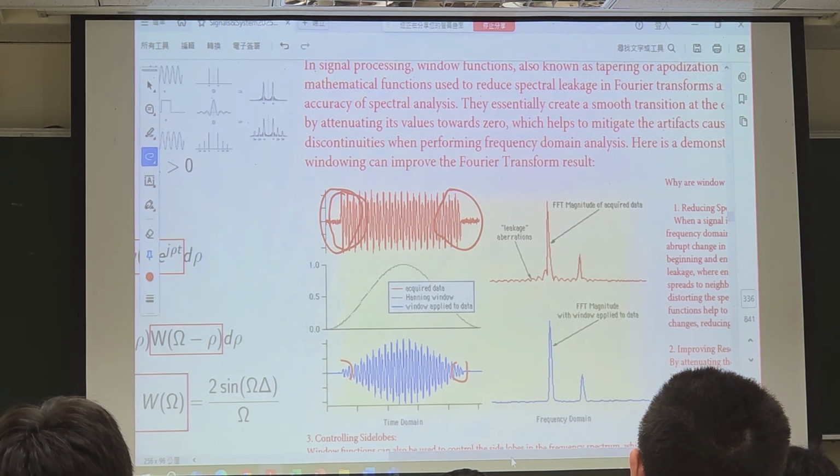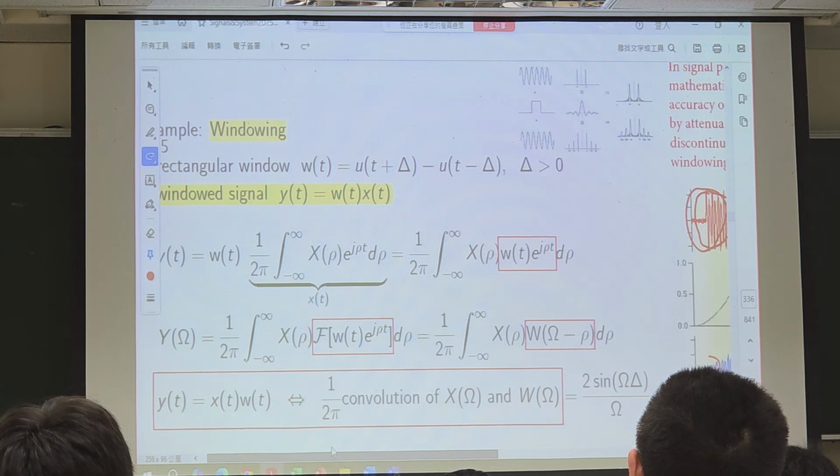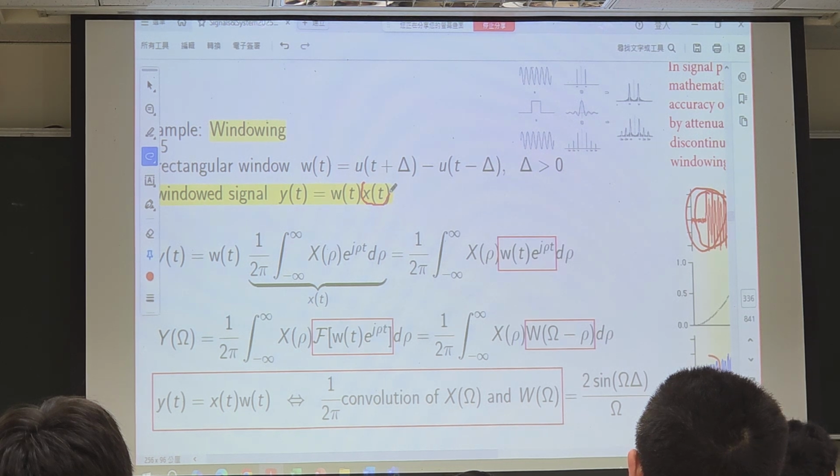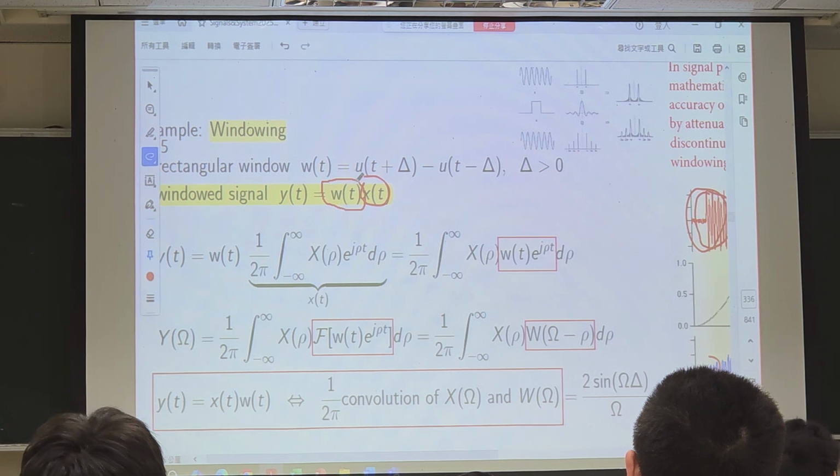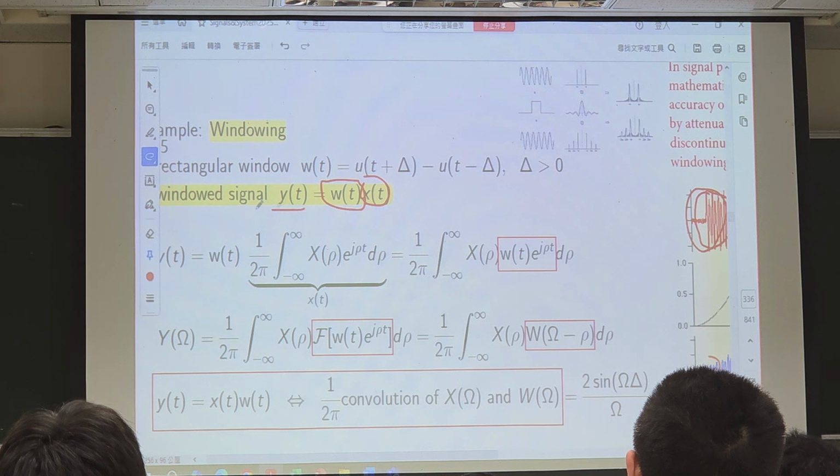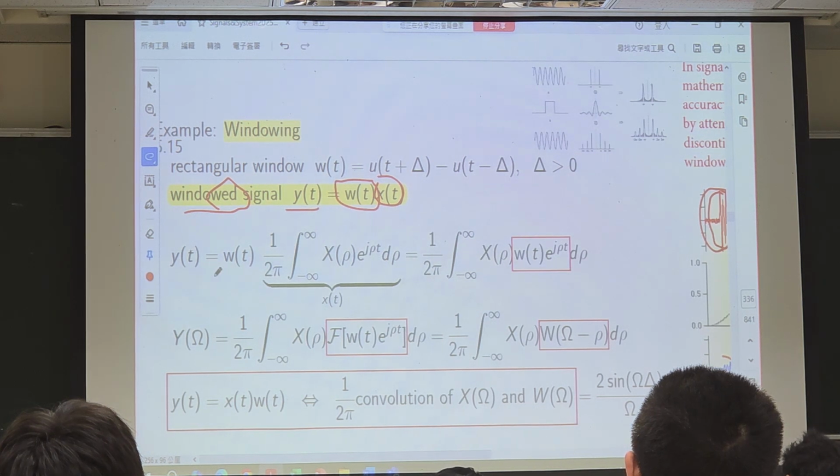And the theoretical background comes from here. Suppose I have a signal x of t, and I want to multiply x of t by a window function, let me call it w of t. So the Fourier transform of this windowed signal, let me call it y of t, will be given by this. y of t is x of t times w of t.